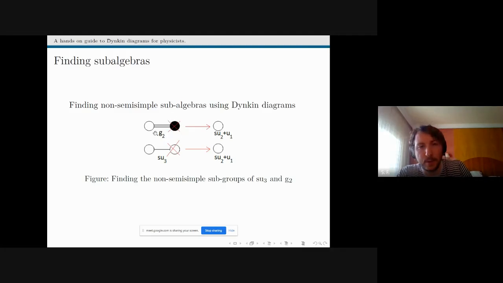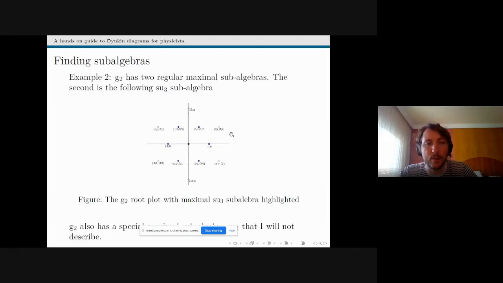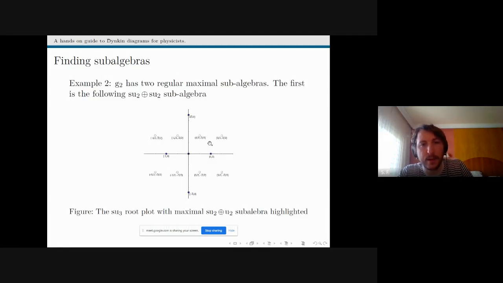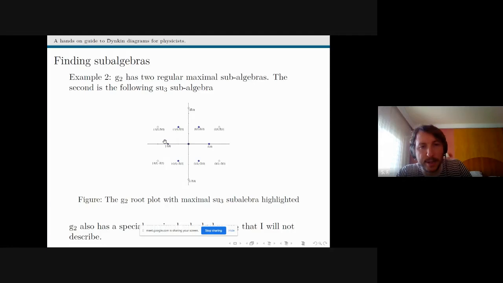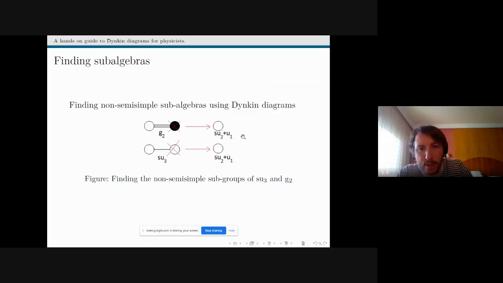So for example, if you look at G2, when I've crossed off this element here, I get SU2 plus U1. But we see that G2 actually has an SU3 subalgebra, right? And this SU3 algebra itself has an SU2 cross U1 subalgebra. And so actually, this non-semi-simple Lie algebra sits within an SU3 subalgebra of G2.